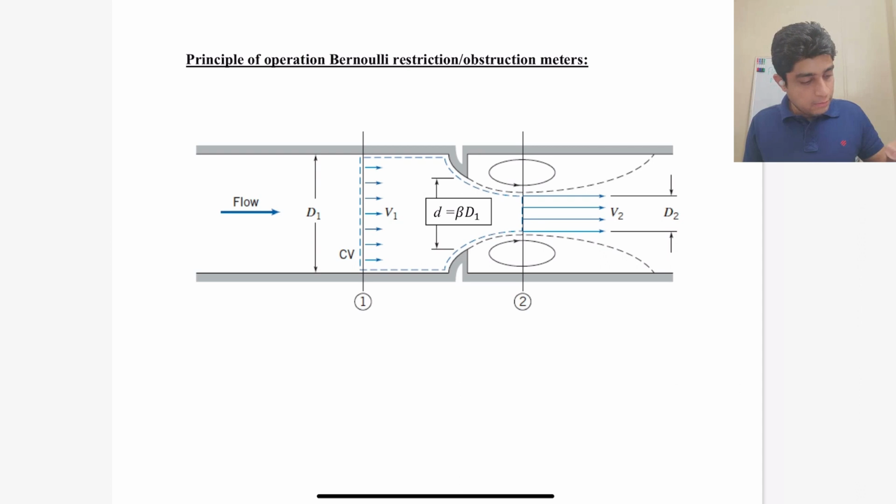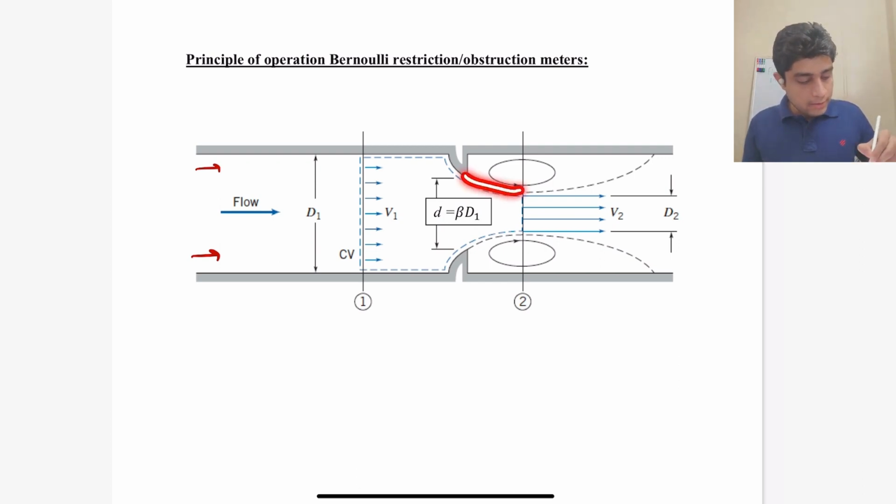Let's say you have this kind of geometry where the upstream diameter of the pipe is d1. Then you have a throat which makes the fluid contract, and the size of this hole is small d, which is some multiple beta of the upstream diameter. This is also called the throat, because that is the minimum diameter in your pipe geometry.